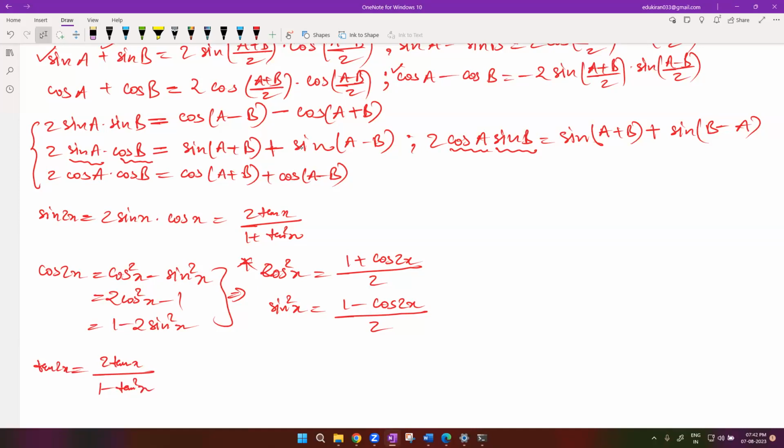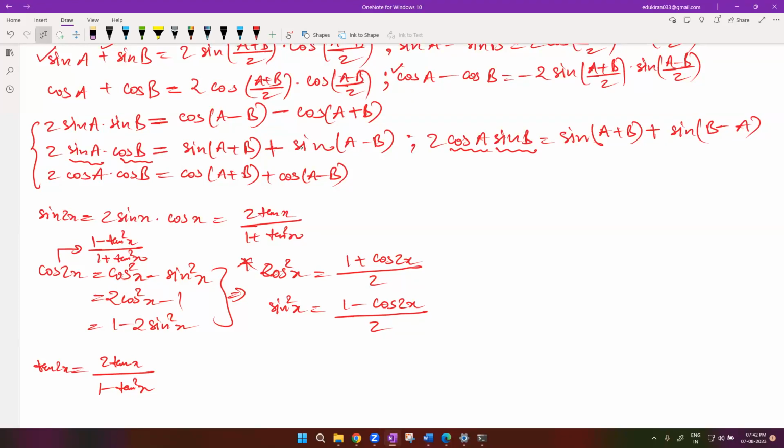In place of plus, we just use minus. Also, cos 2x can be written as 1 minus tan square x divided by 1 plus tan square x in the form of tan. We will be using them all, so write them all.